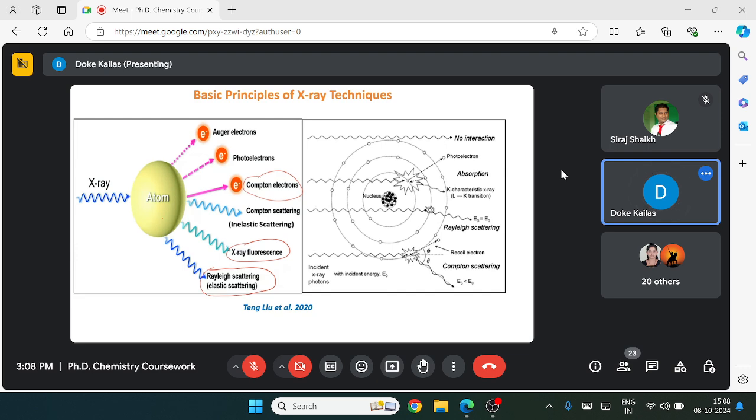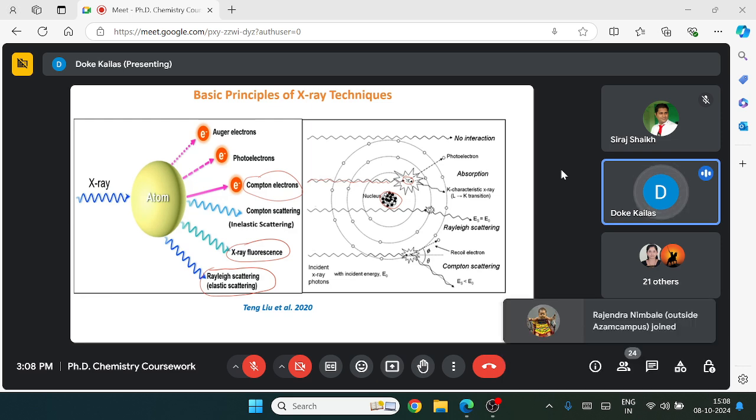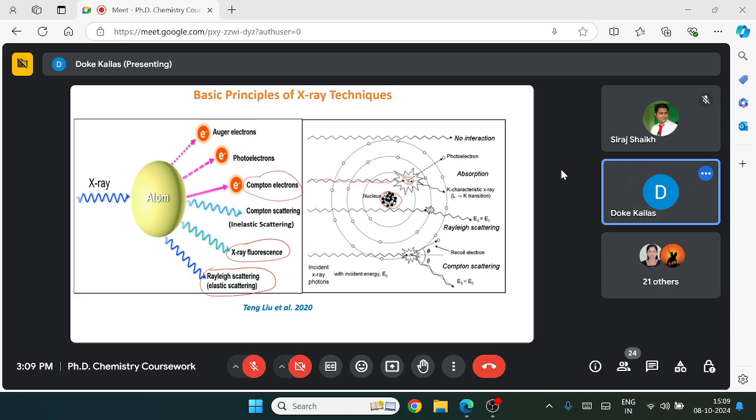because of incident X-ray, when it interacts with the constituents, particles, atoms, ions, this is a nucleus, and when it interacts with the core cell, preferably, that X radiation has energy enough to eject the electron from the core cell, and with the help of instruments we can measure the kinetic energy of ejected photoelectrons.